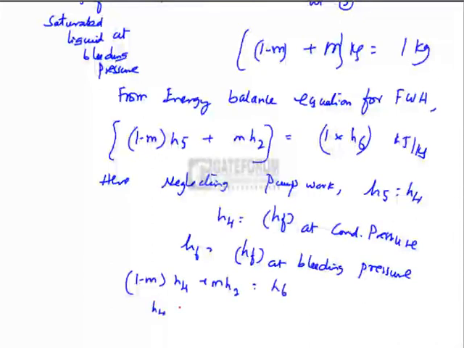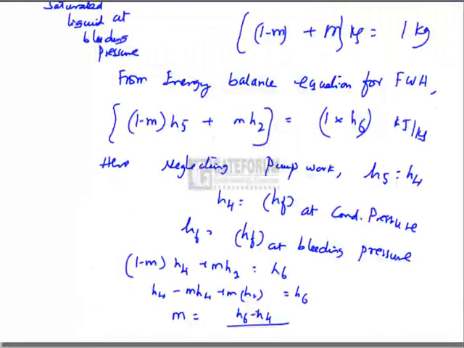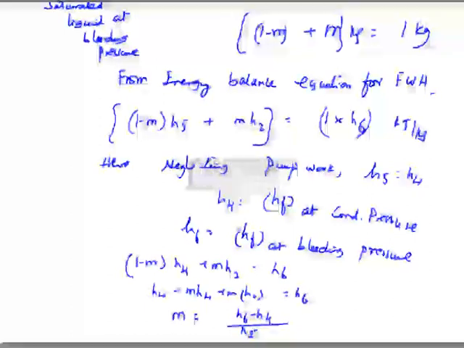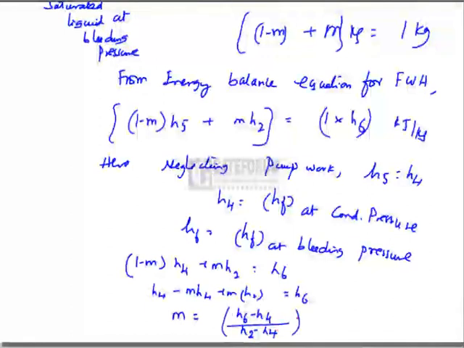That is H4 minus m into H4 plus m into H2 is equal to H6. Therefore, m can be calculated as H6 minus H4 divided by H2 minus H4.